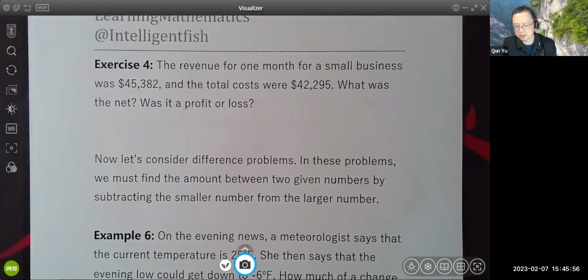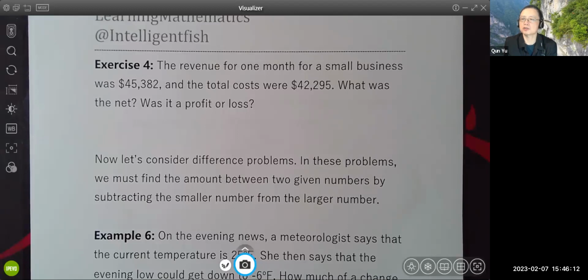Now let's look at the final set of examples, which is about the difference between two numbers. First, we know that difference is the result of subtraction. For example, what's the difference between 2 and 5? You know it's 3, right? How do you get 3?